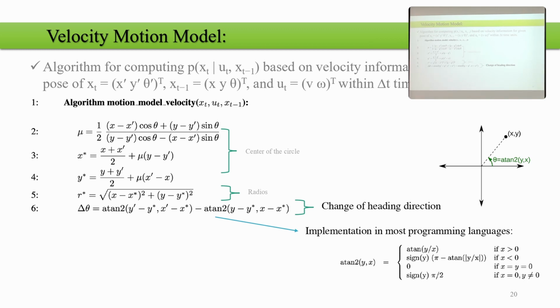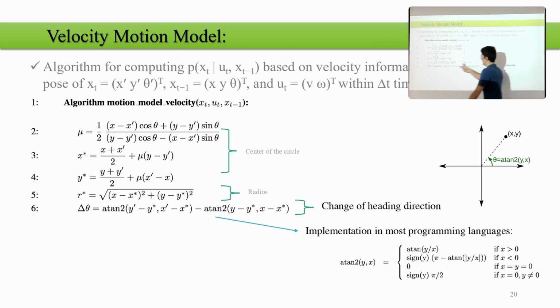After that, we need to calculate the amount of change of the heading direction of the robot. From here, the heading direction changed to there, right? How can we calculate this heading direction?